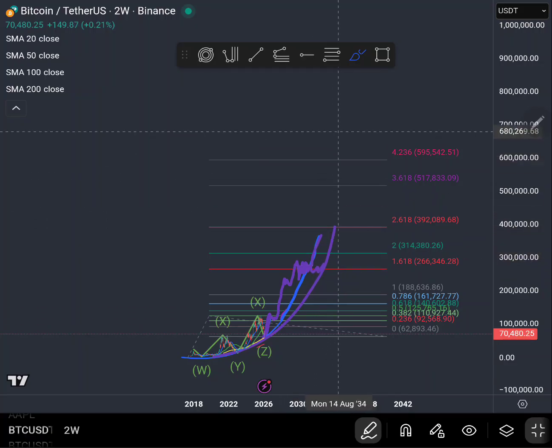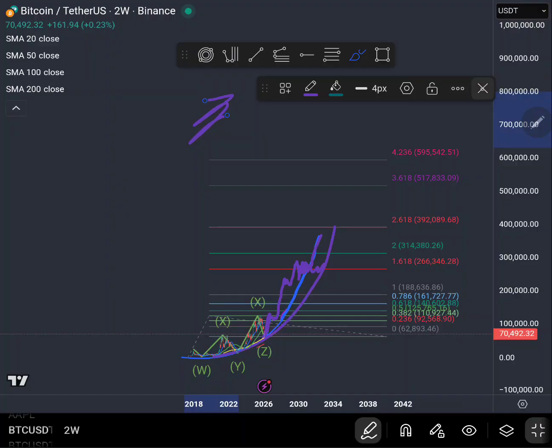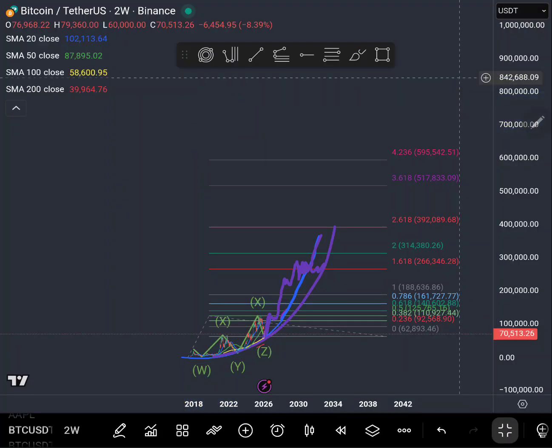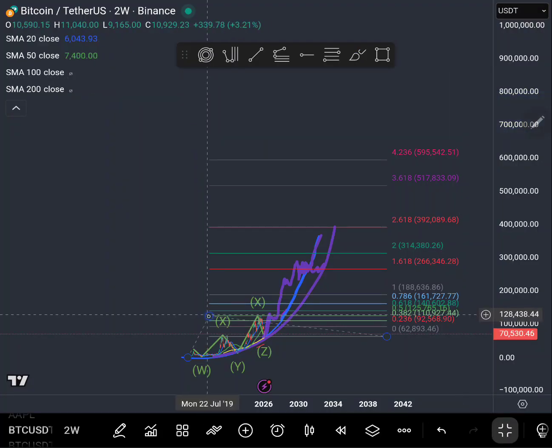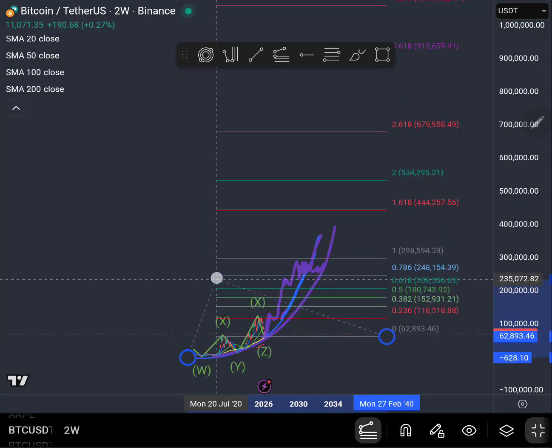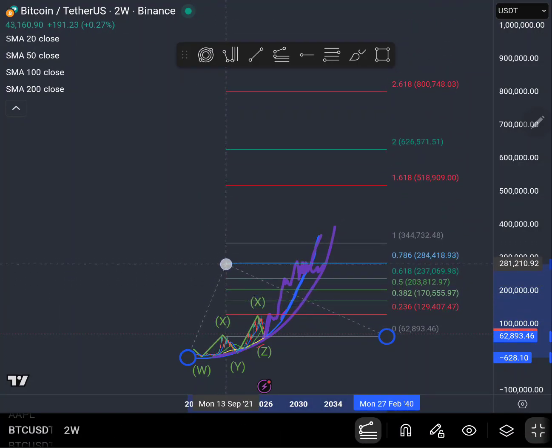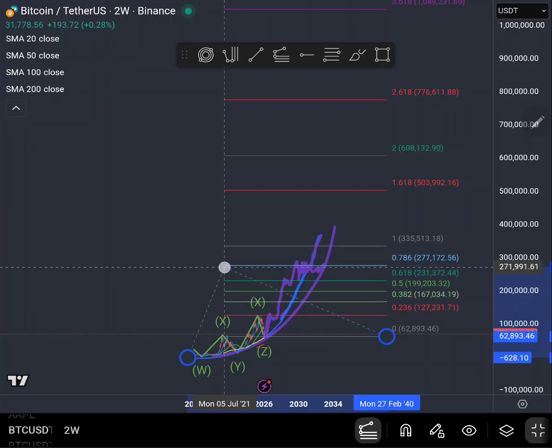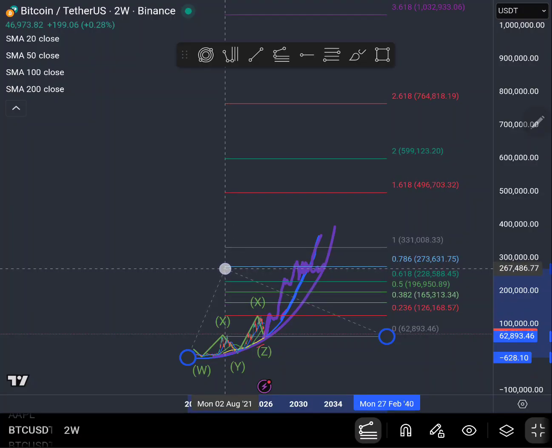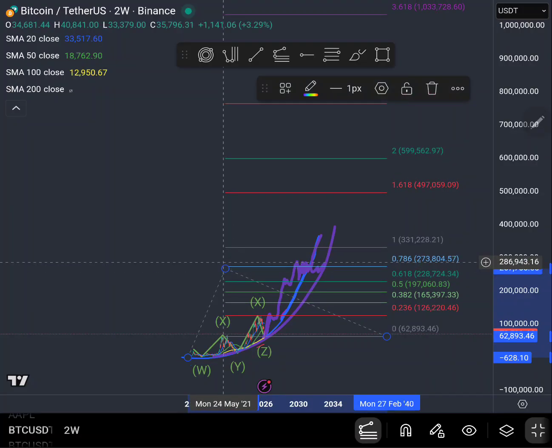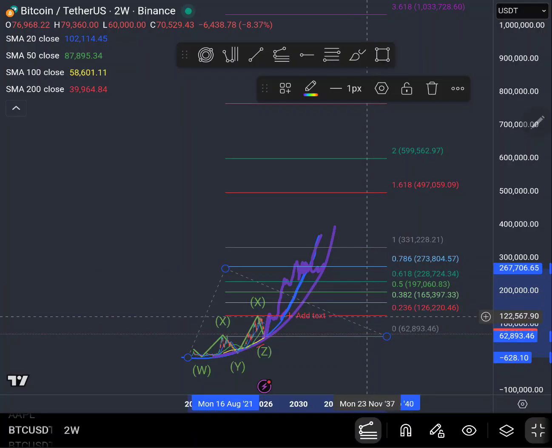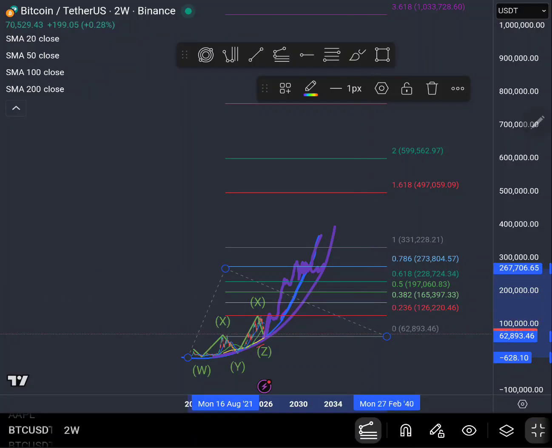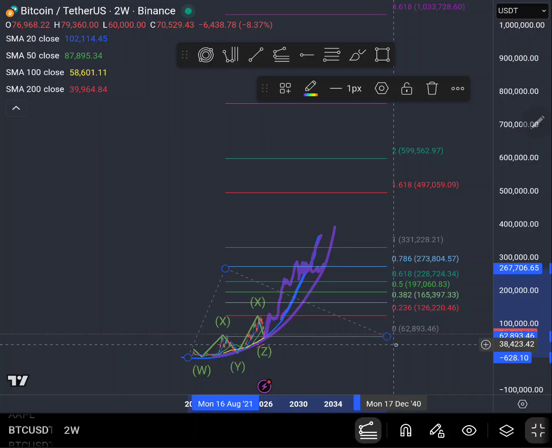Okay, tell you what, let me do the extension thing again. Using this wave extension, what I would say is that price will probably go up to about 260, about 267, so about there.